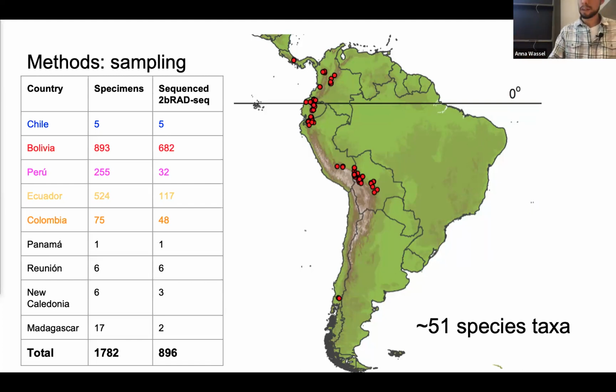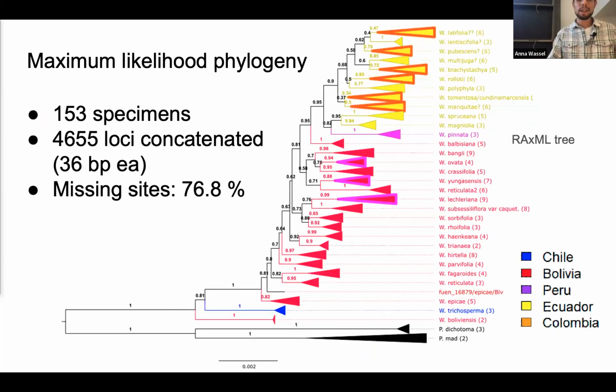In this case, we produce fragments of 36 base pairs that are sort of concatenated. And so with this concatenated matrix, we just built a maximum likelihood phylogeny using the basic RAxML approach. We included 153 specimens, and the final matrix includes more than 4,000 loci concatenated with a missingness of 76%.